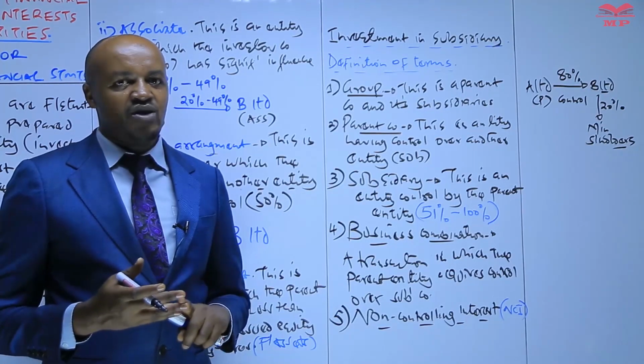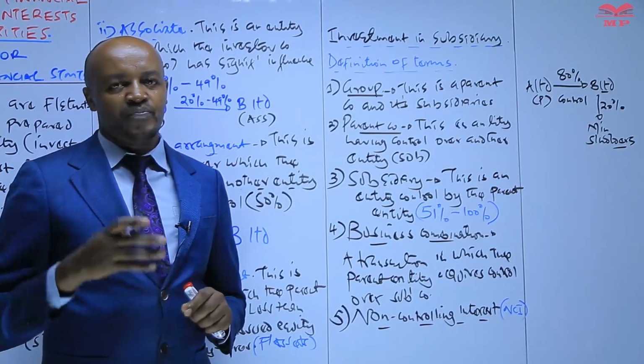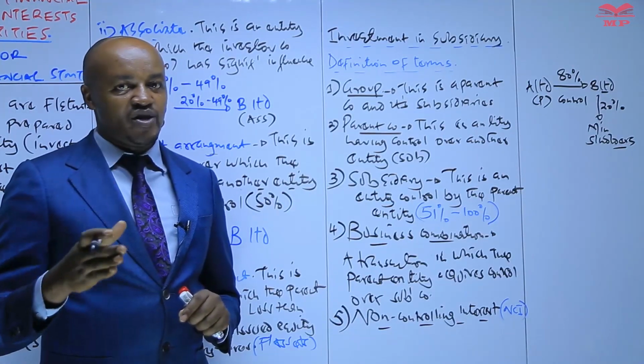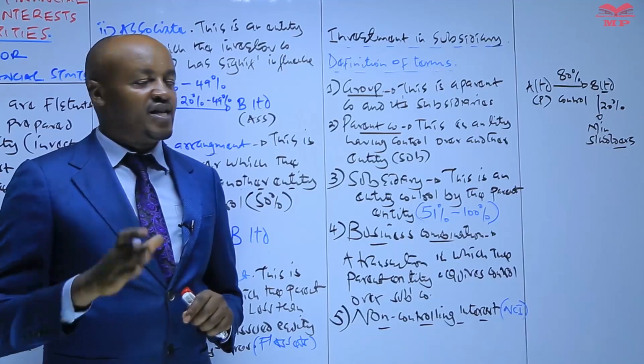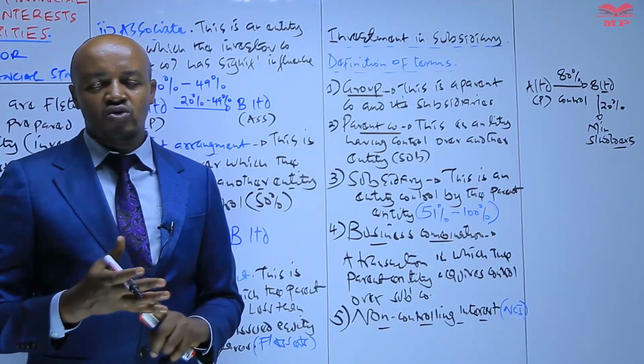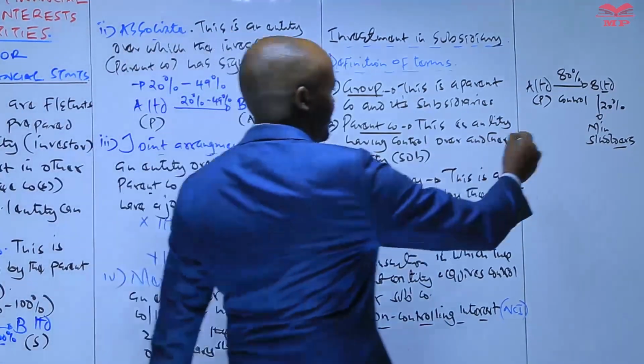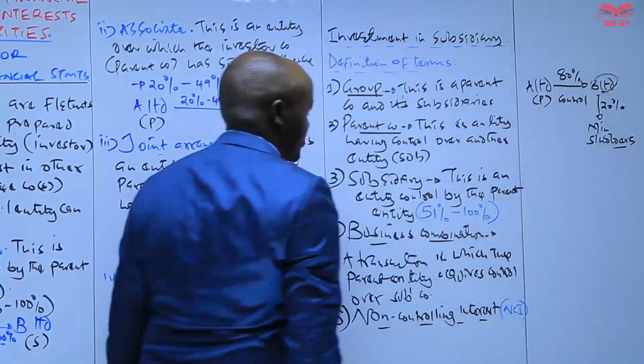They do not have the powers to control the composition of the board of directors of B Limited. So we say they have some interest in B Limited, but their interest is non-controlling.